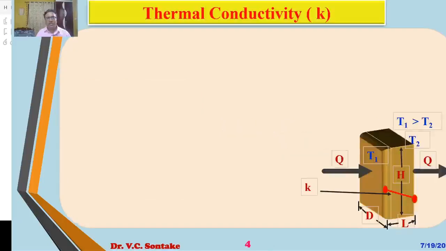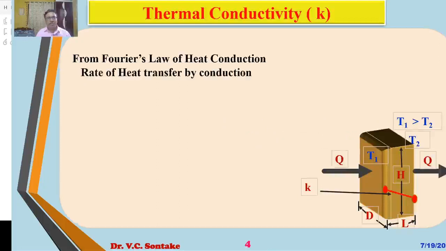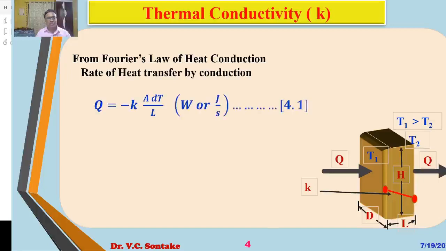Thermal conductivity, K. From Fourier's law of heat conduction, the rate of heat transfer by conduction can be given by the equation Q is equal to minus K A into dT by L in watt or joule per second.